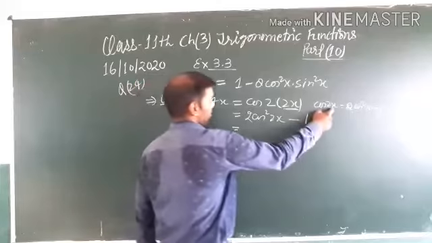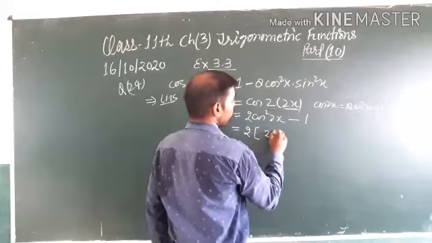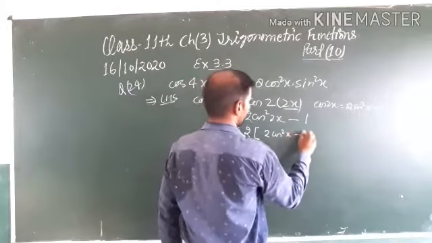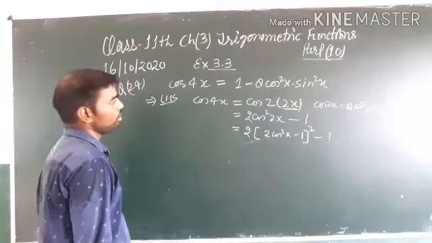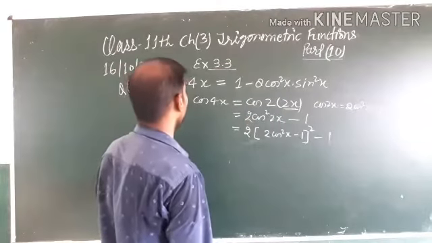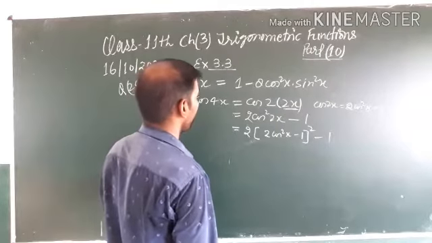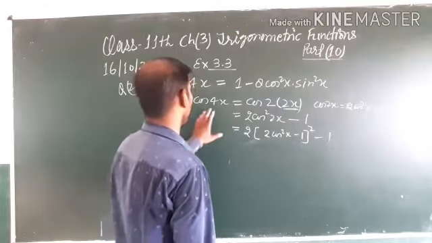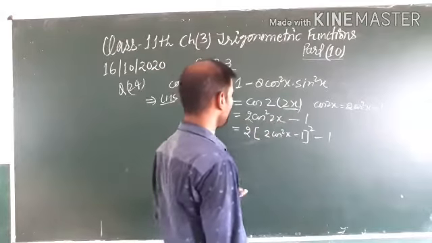Now we use this identity again: 2 into cos 2x, it means 2 cos square x minus 1 whole square minus 1.